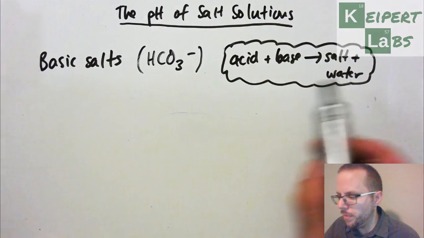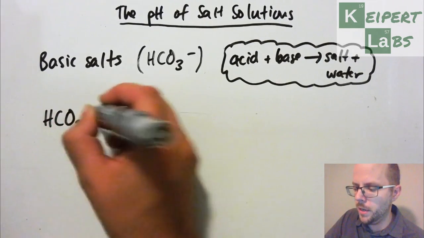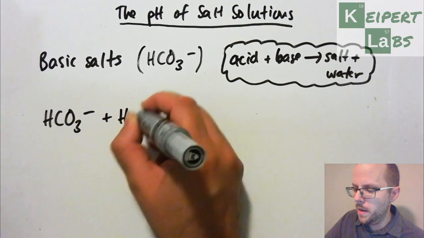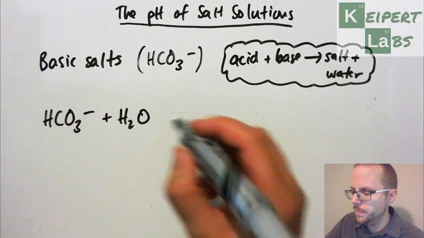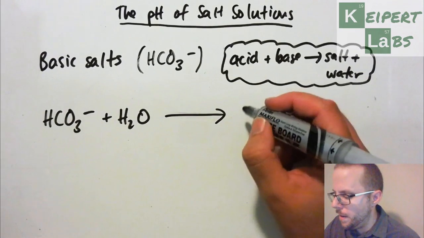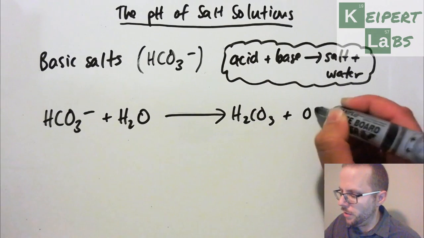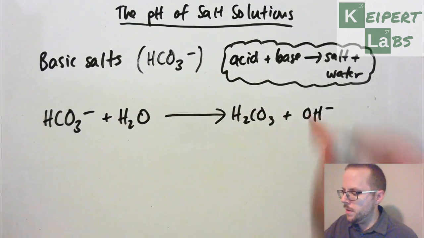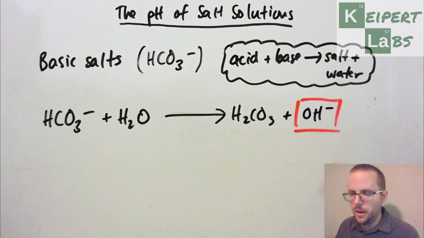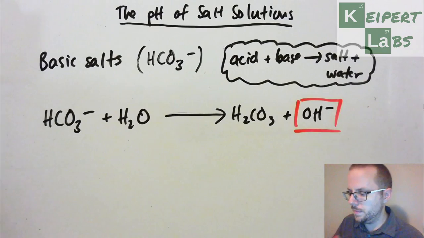We put the bicarbonate ion in water, and it can react with water as a base to form H2CO3 plus the hydroxide ion. Just as before, the formation of that hydroxide ion means it's acting as a base.